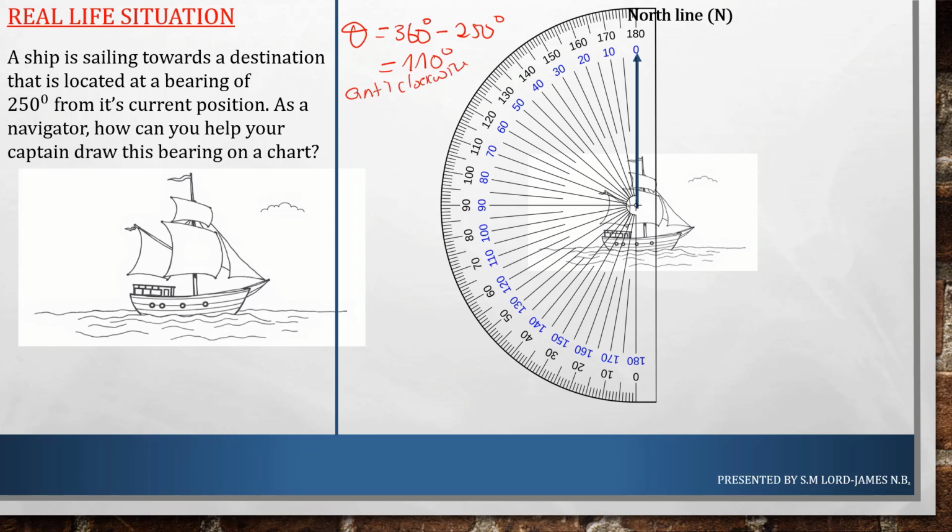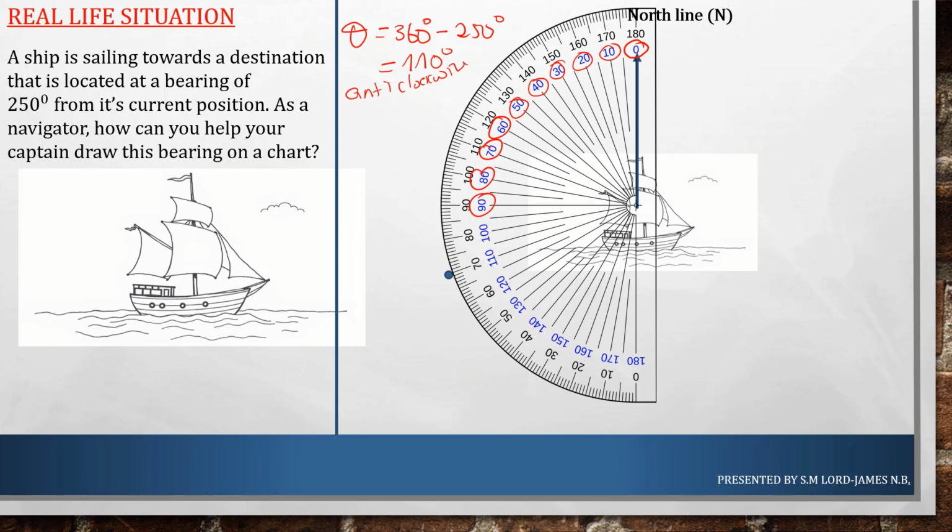The values inside increase in the anti-clockwise direction, so we are going to use the blue values. So the first is 0, 10, 20, 30, 40, 50, 60, 70, 80, 90, 100, 110, and we mark the point.